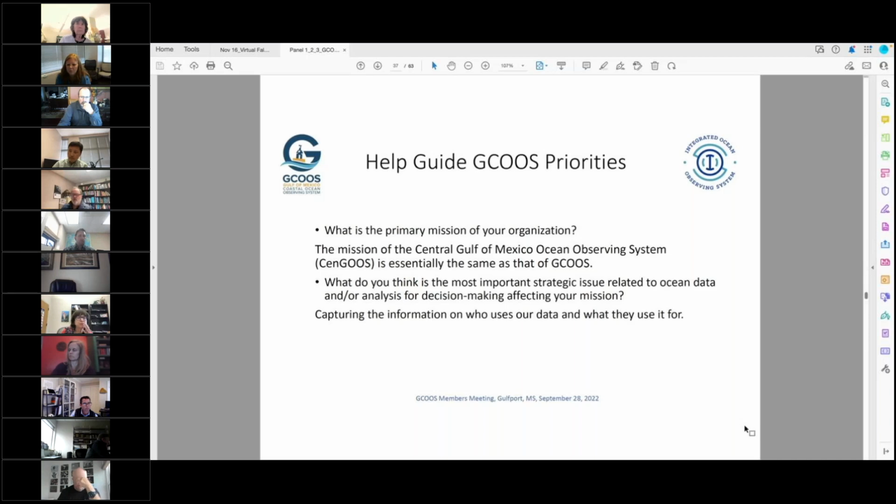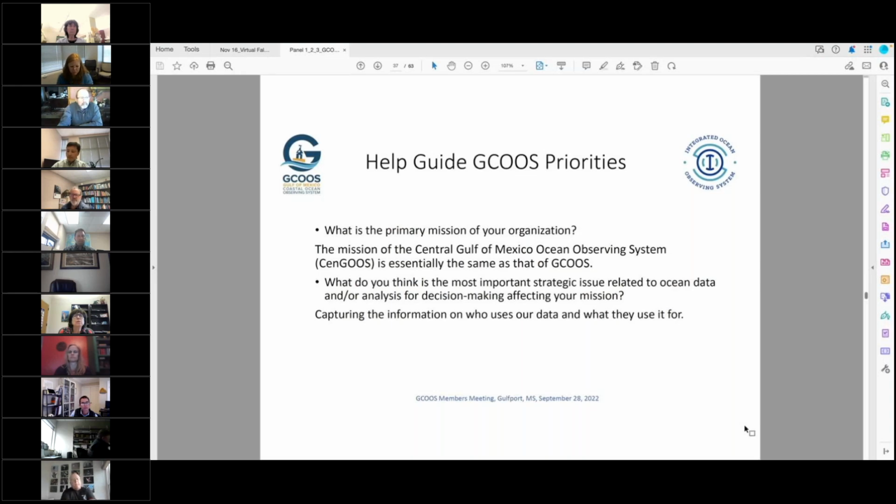And then we go beyond that a bit because of our mission within the university to provide educational opportunities that include skills required for the IOOS enterprise. And some of the students that have been funded for involvement in CenGOOS have gone on to operational oceanography places like the Navy, private industry, and academia.